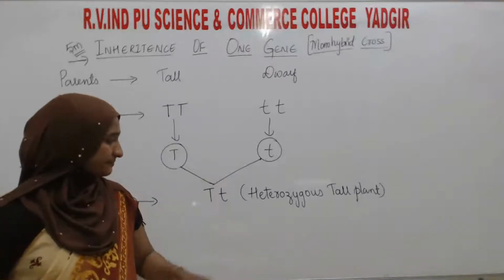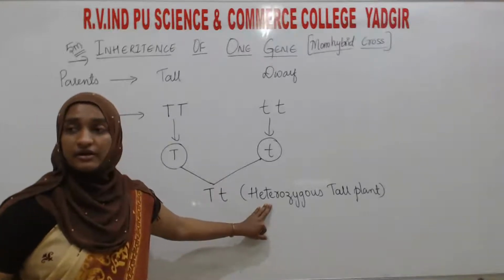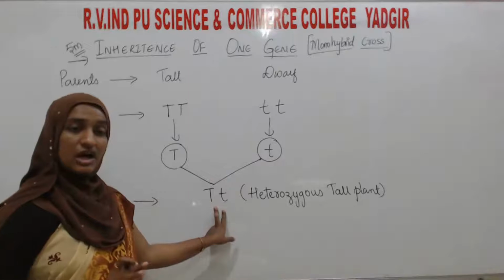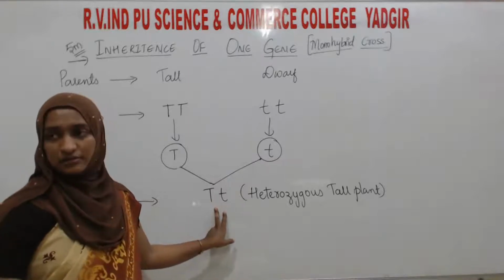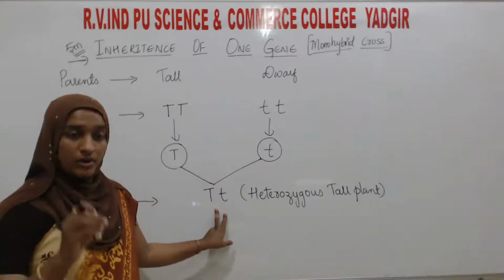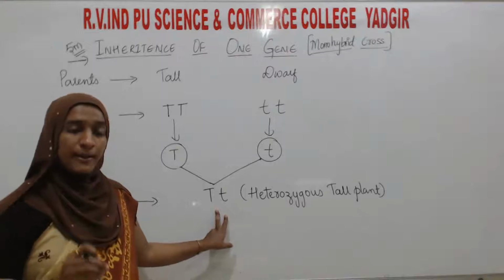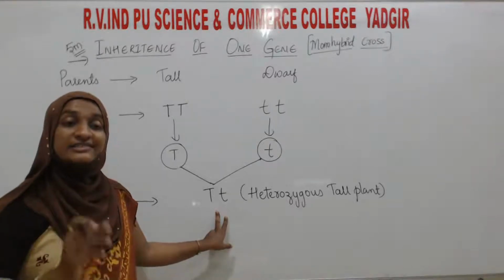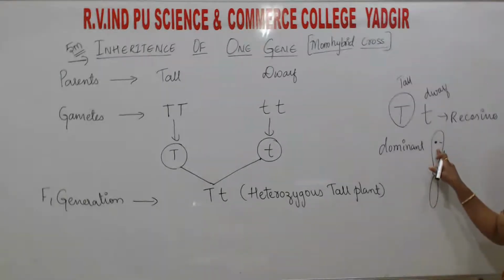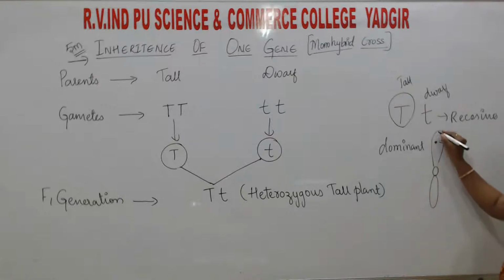Why are we writing heterozygous tall plant? Because these two genes are different from each other. Okay, one offspring is going to be produced, but their genes are different, dissimilar. Here the round one is the capital T and the slanted one is the small t.